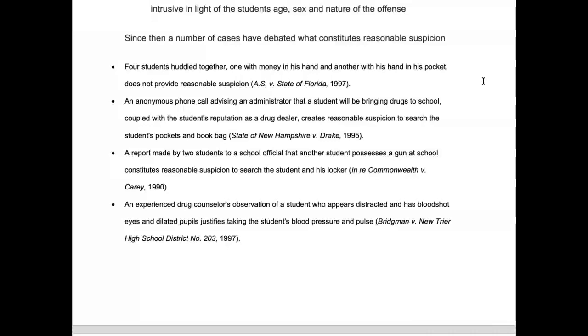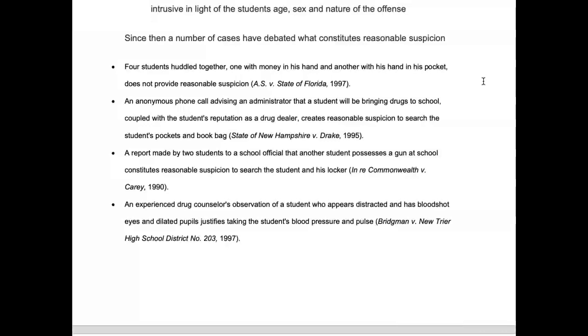However, if you have a habit of hanging out with drug dealers, or there's been talk about you smoking weed, and then I get an anonymous call saying you may have it on you, I'm going to search you. If I have an A honor student that is virginal and has never done anything wrong and has never broken a school rule, with an anonymous phone call, it's going to be a little harder to create reasonable suspicion because of that.